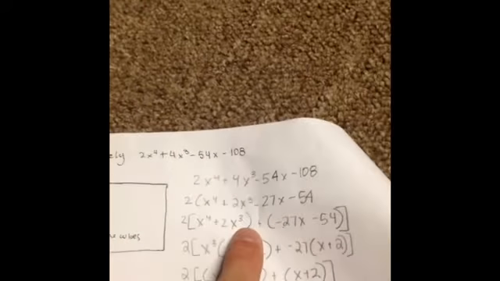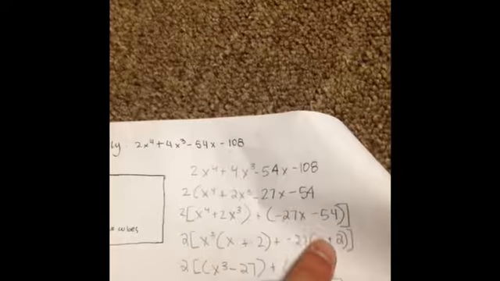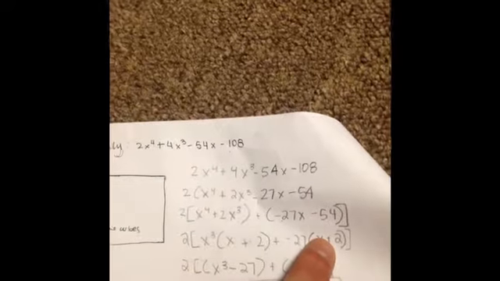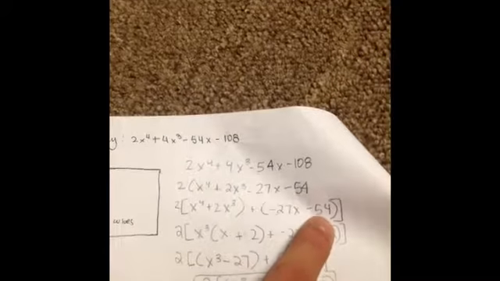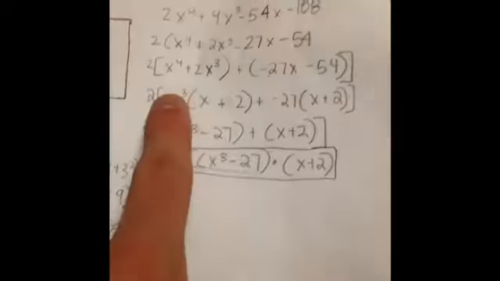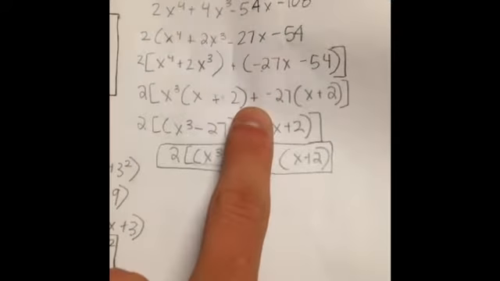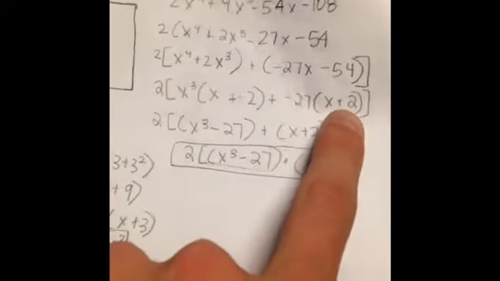We're going to find a common factor to take out. X to the 3rd, 2, and we get x to the 3rd, x plus 2, negative 27, x plus 2.